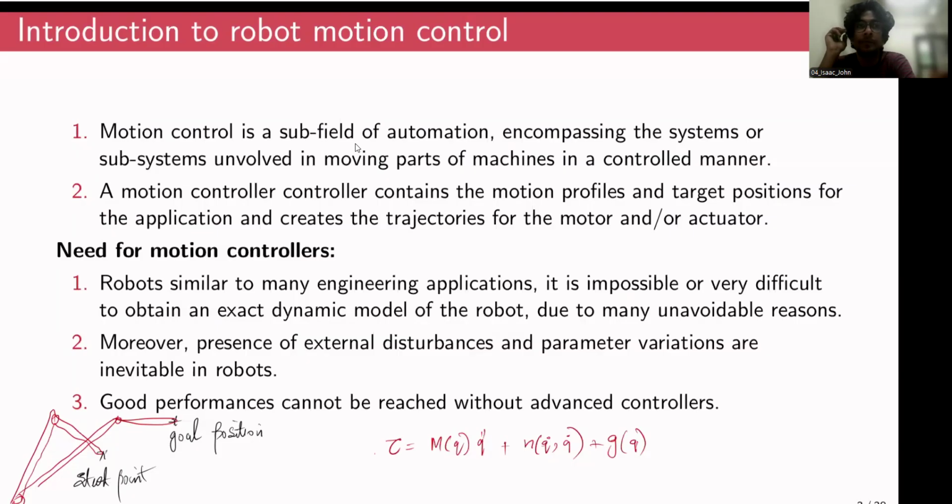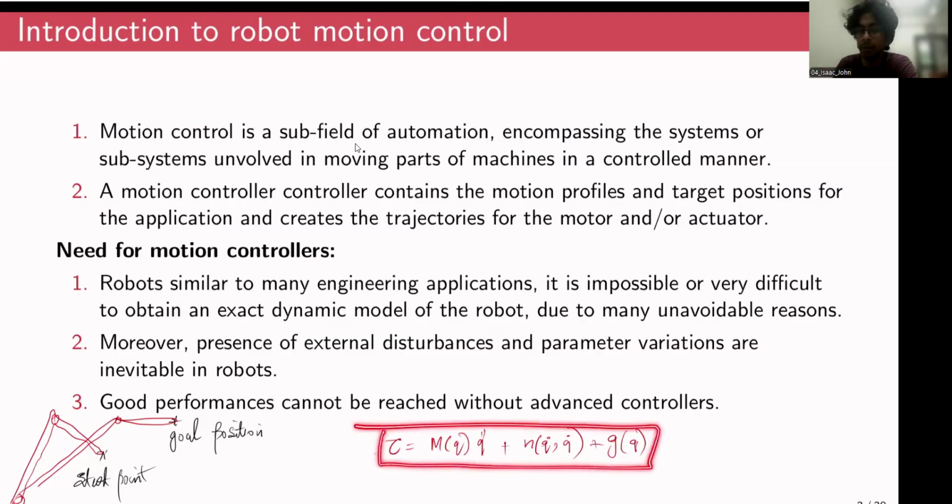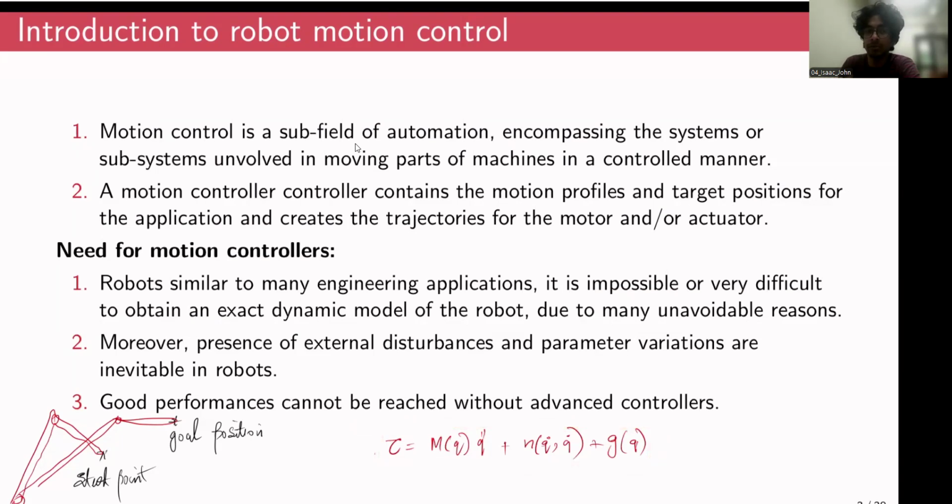There is also some effect due to the presence of damping, hysteresis. All these effects are basically unmodeled in this dynamic model. So that also accounts for some sort of uncertainties in obtaining an exact dynamic model.